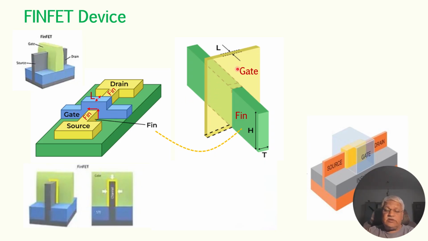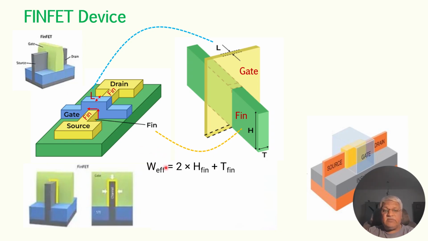As we have mentioned earlier, the gate is surrounding the fin on three sides, and this is the channel length between source and drain. This is the channel length which is important, and it is shown figuratively here.